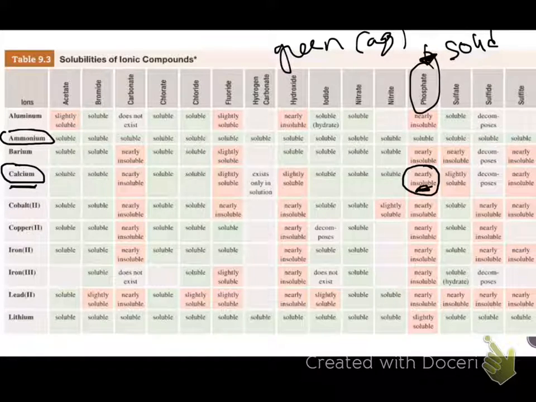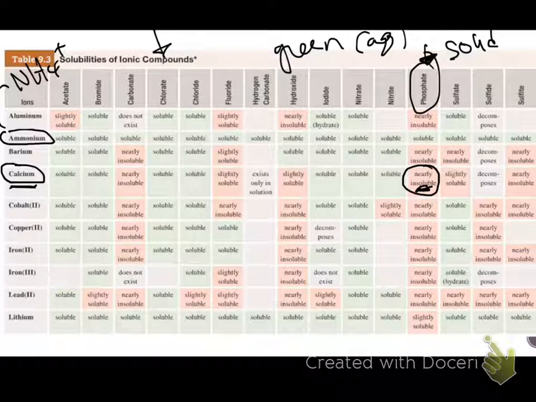Ammonium is always soluble. It doesn't matter what you pair that with. So NH4 plus, it's another one of the groups on the back of your periodic table. Always soluble. So if I wanted to make phosphate dissolve in water, I would do that by putting it with ammonium. Anything else and it would be a solid.